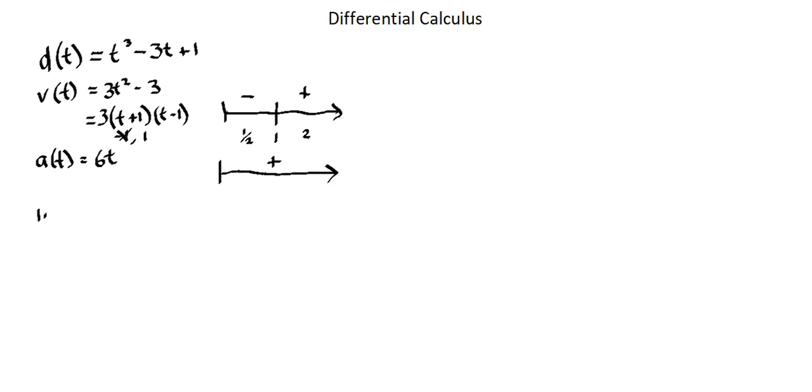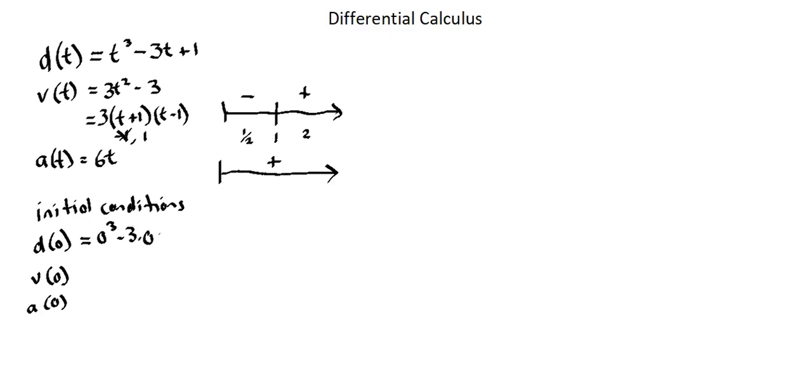Now I'm going to analyze my initial conditions. What's the situation at time 0? I can do this for displacement, and for velocity, and for acceleration. So the displacement at 0 is 0 cubed minus 3 times 0 plus 1 equals positive 1.